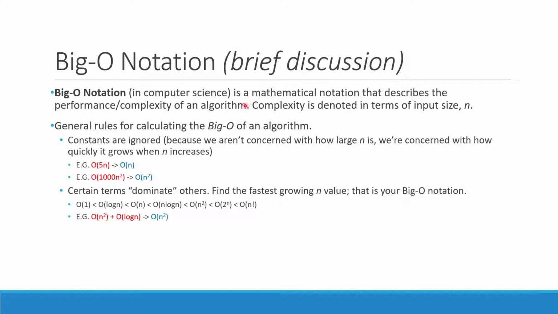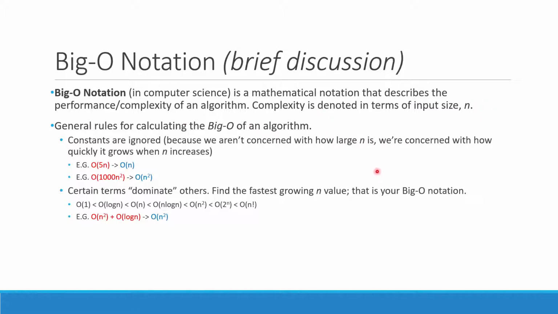But you will see this one day, and you will really, really go into depth about Big O notation. Okay? So, Big O notation in computer science is a mathematical notation that describes the performance/complexity of an algorithm. Complexity is denoted in terms of the input size, which is n.